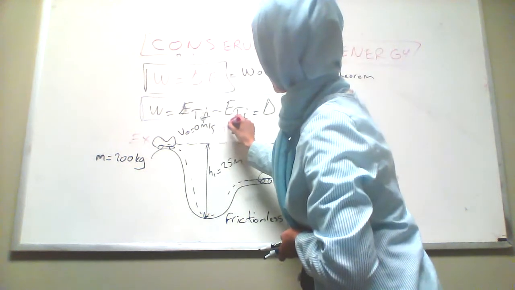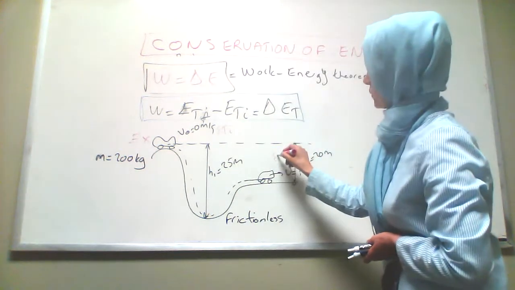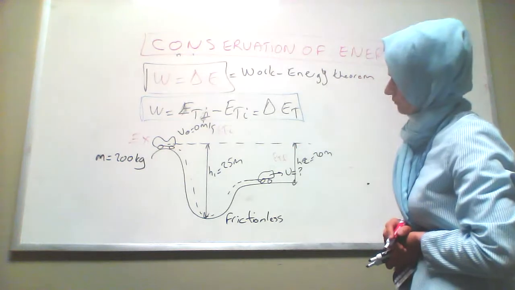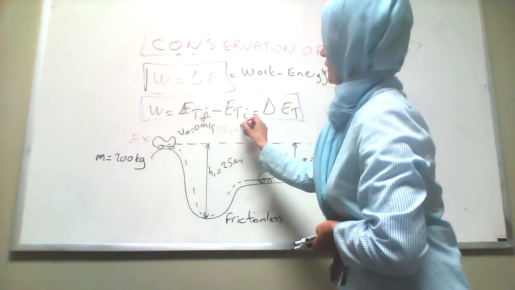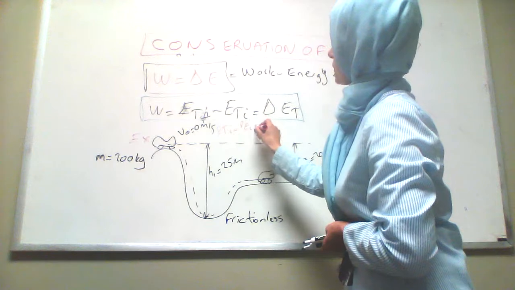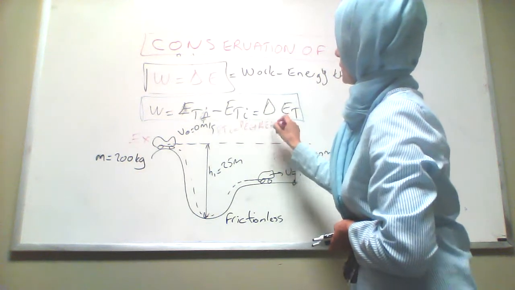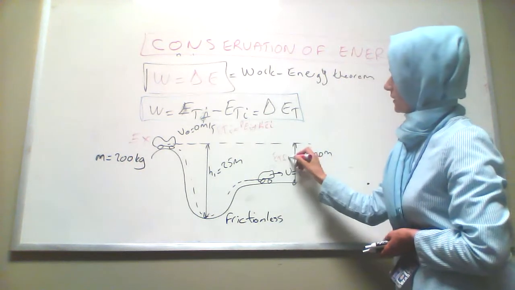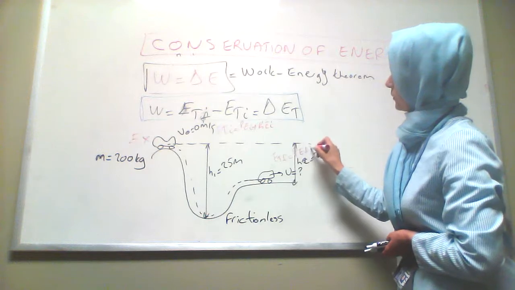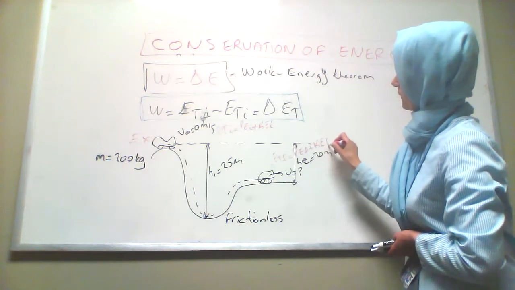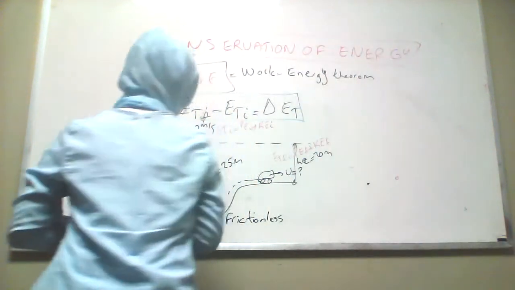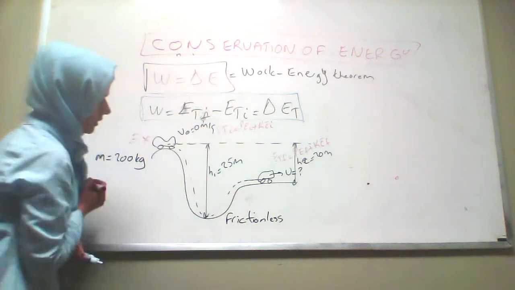Total energy initial here will be equal to total energy final there. Total energy initial is potential energy initial plus kinetic energy initial, and total energy final is potential energy final plus kinetic energy final. Now in this question I don't have to deal with this part.